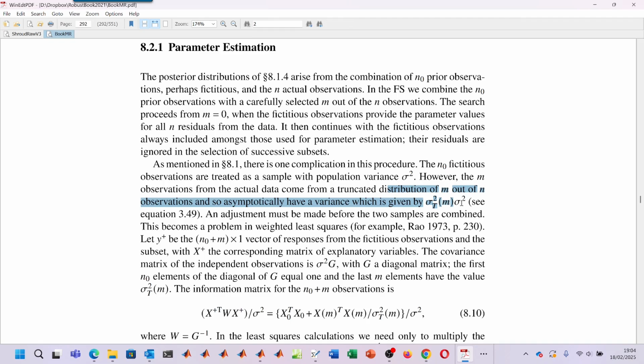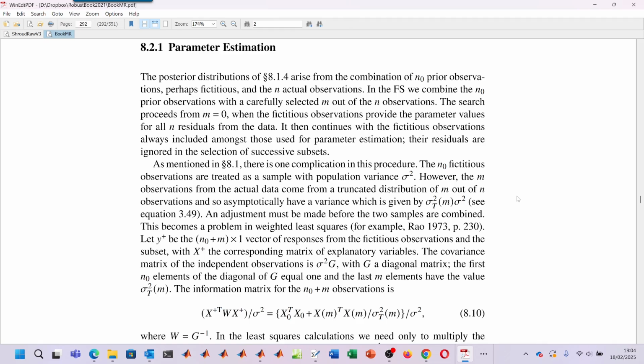Asymptotically, these observations have a variance which is given by sigma squared T(m) sigma squared, where capital T is the expression of the variance of the truncated normal distribution. If you now have the book in front of you, please go to equation 3.49.